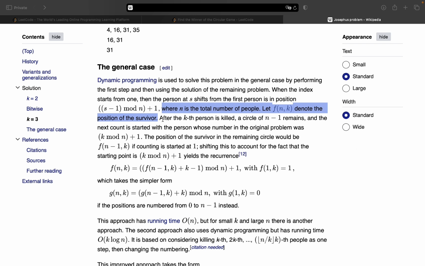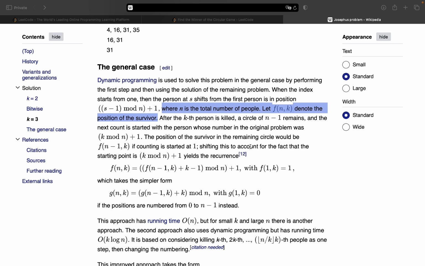After the kth person is killed, we have a circle of n minus 1 remaining. The next count starts with the person numbered k modulus n plus 1 in the original problem. The position of the survivor on the remaining circle will be f of n minus 1, k if counting is starting at 1, or at the first friend.